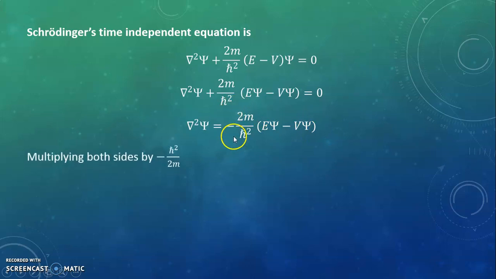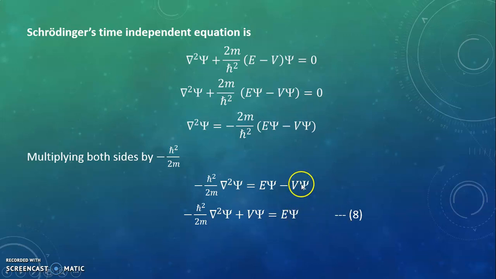Then to cancel this minus term, we multiply both sides by ħ squared upon 2m. From this side the complete term gets cancelled, but on the other side we get that term in reverse order. So we get minus ħ squared upon 2m into del squared ψ, which is equal to Eψ minus Vψ only.